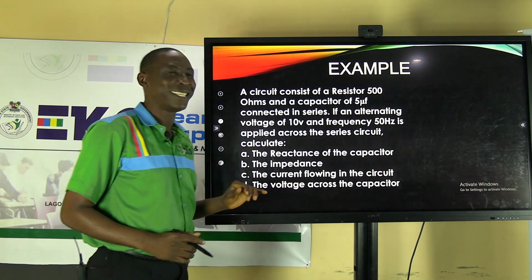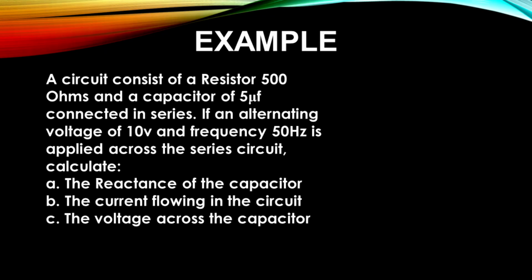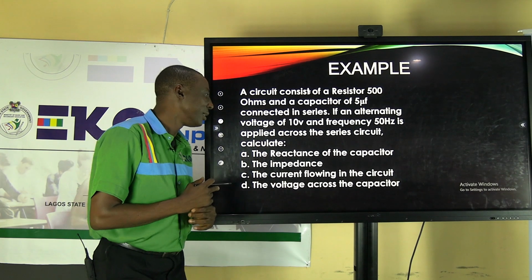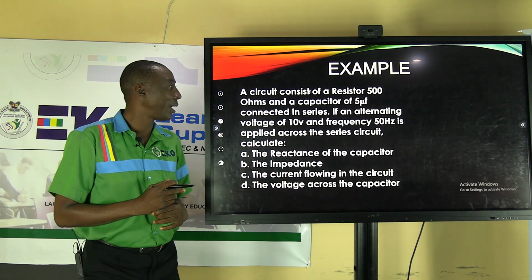Let's look at this example. A circuit consists of a resistor of 500 ohms and a capacitor of 5 microfarad connected in series. If an alternating voltage of 10 volts and frequency 50 Hz is applied across the series circuit, calculate A, the reactance of the capacitor, B, the impedance, C, the current flowing in the circuit, D, the voltage across the capacitor.